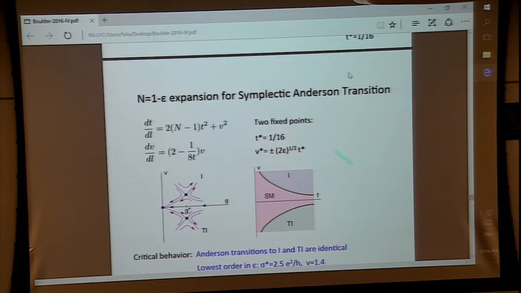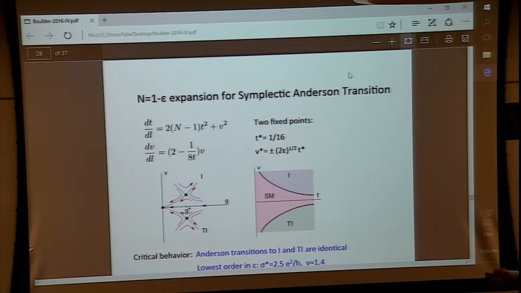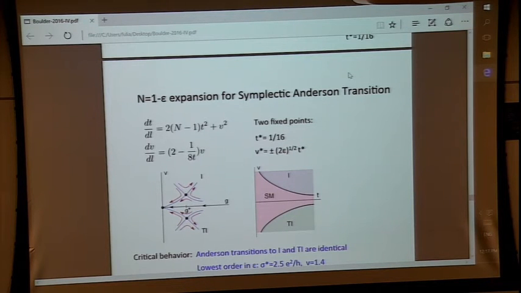The interesting thing in this scheme is that we can actually do something, starting from n to 1 minus epsilon expansion. You have the KT RG only at n equals 1. But when epsilon is less than 1, I have a new transition that's not KT. These are new fixed points.